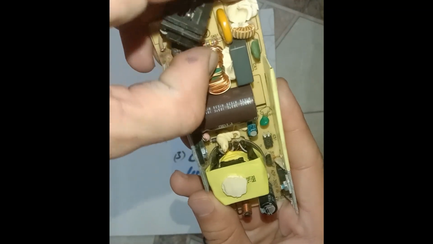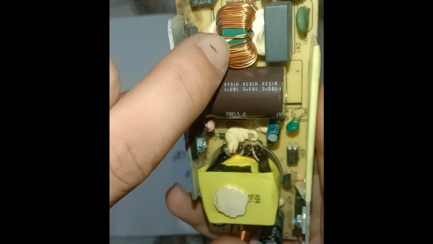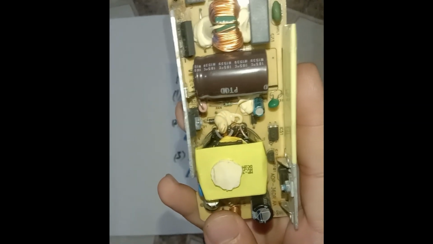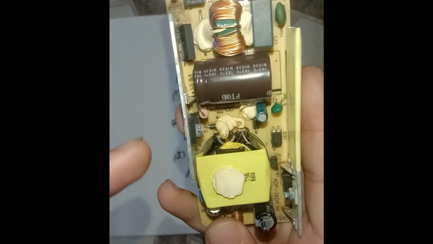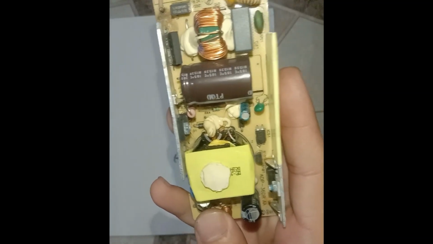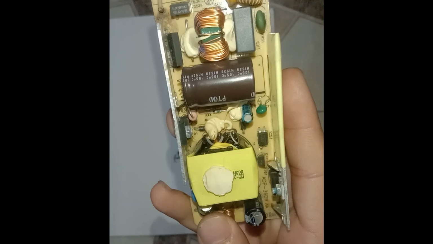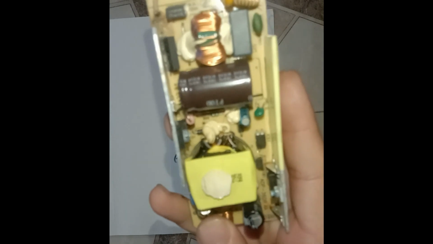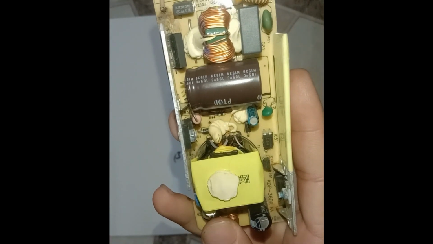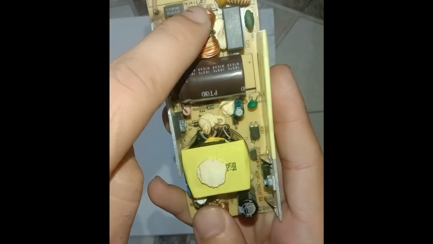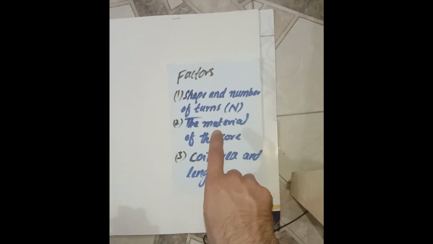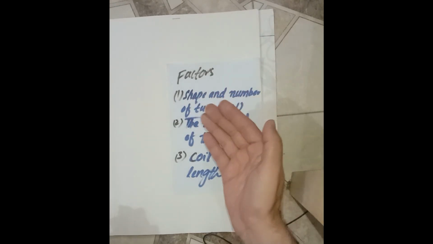Inside this coil we have this green color material, which we call the core, and mostly in inductors these are ferromagnetic materials, because a ferromagnetic material supports the change in magnetic field, due to which more self-induced EMF will be produced, which opposes the current more. So the material used in the coil also changes the inductance of the coil.